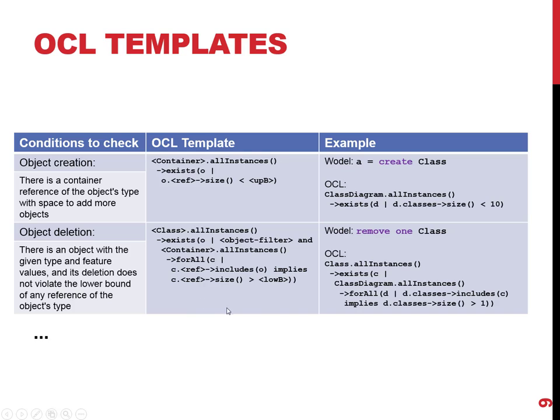The derived OCL constraint for the mutation operator remove one class checks that at least one object of the type class belongs to the class diagram, and that this class diagram object contains other elements apart from the class to be removed. That means the size of the reference class diagram dot classes is greater than 1. That is its lower bound. When we delete this class object from this containing reference, its cardinality would still be satisfied.